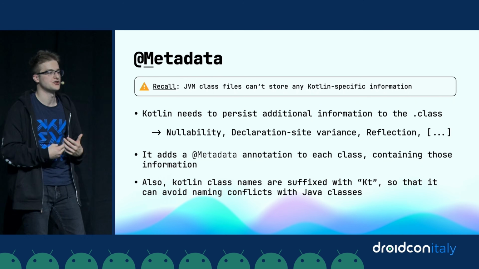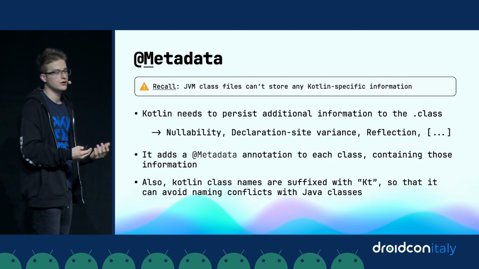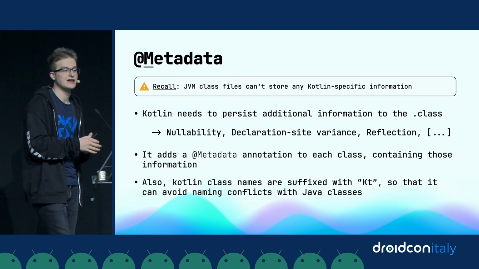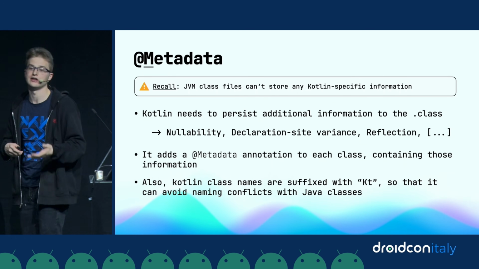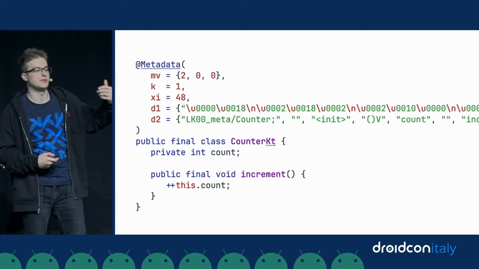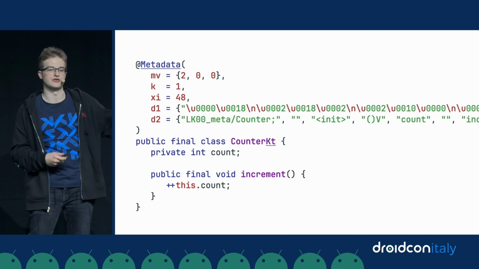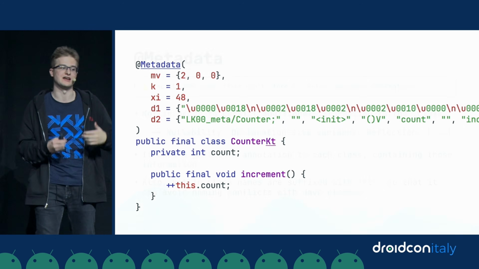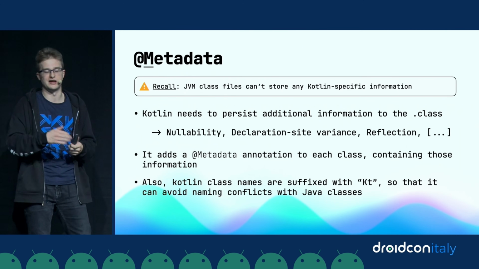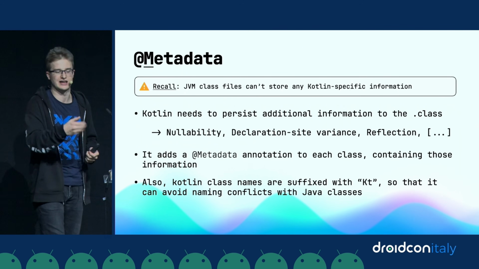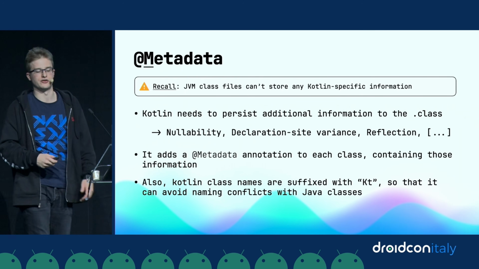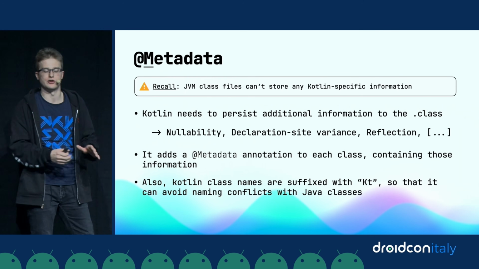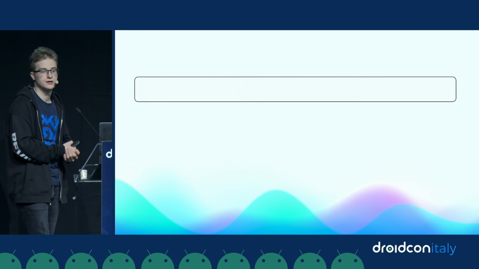You need the information for declaration-site variance or reflection or all those things. And you need to put them somewhere. And so they decided to go with an annotation that goes on every class. That's why the names are so short, because since it goes in every class, you want to make it as small as you can to not make it heavy and increase the code size. And also, class names in Kotlin are suffixed with Kt to avoid name conflicts.